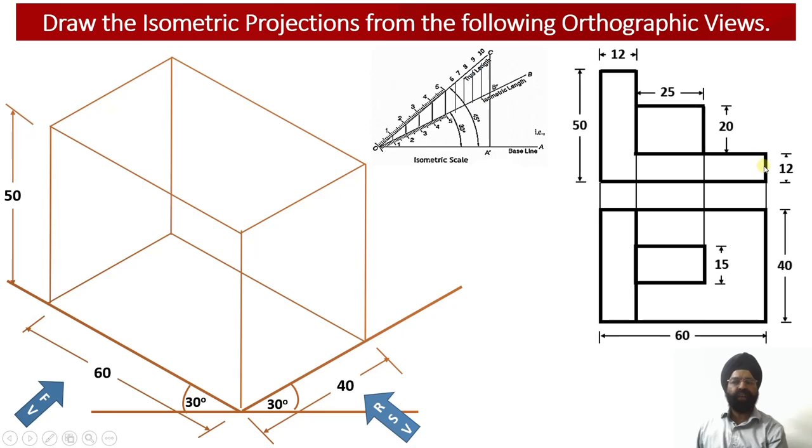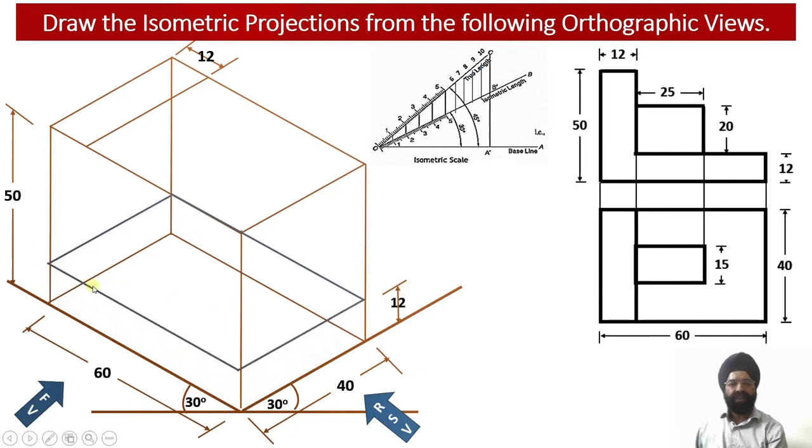So corresponding to these three dimensions of the bottom web, or element number 1, which is a horizontal web, now we are going to draw a ring over here and it will be drawn at a height of 12 millimeter. So this completes the construction of the bottom web. This is my element number 1.